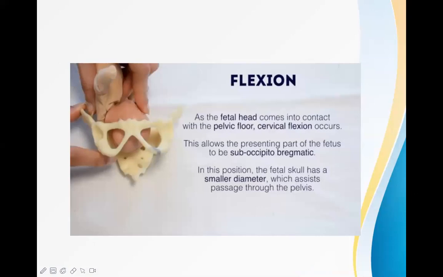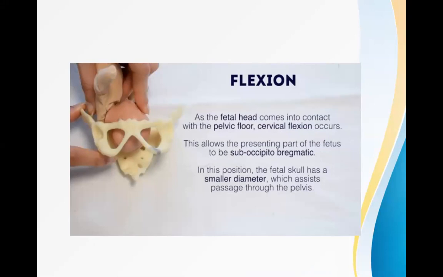So to summarize what happens in the flexion, as the fetal head comes into contact with the pelvic floor, the cervical flexion occurs. And the complete type of cervical flexion occurs when the chin touches the chest of the baby. This allows the presenting part of the fetus to be suboccipito-bregmatic, which is just 9.5 centimeter in diameter.